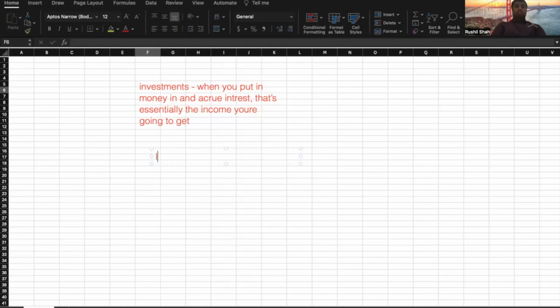And then loans are kind of the opposite of investments. With loans, you get money, and you will have to pay it back plus interest. So there are the two concepts of loans and investments.